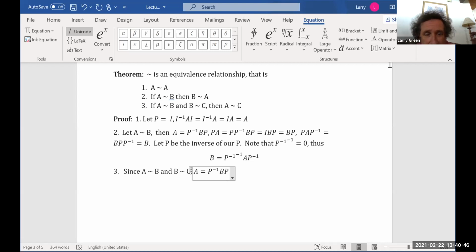Any questions so far? And we also know that B is equal to, it might be a different matrix. Remember, the letter P is not important. What's important is that it's a matrix.